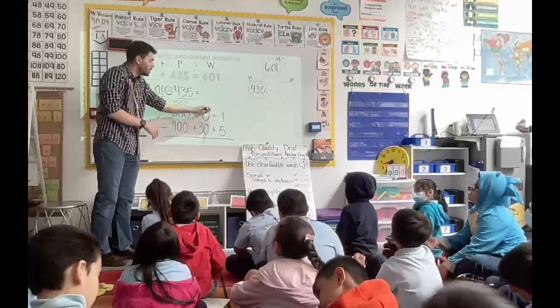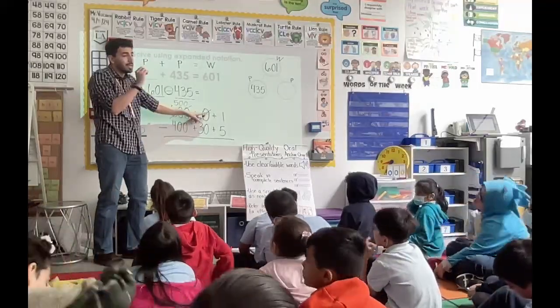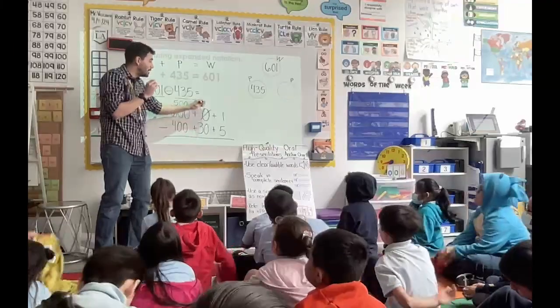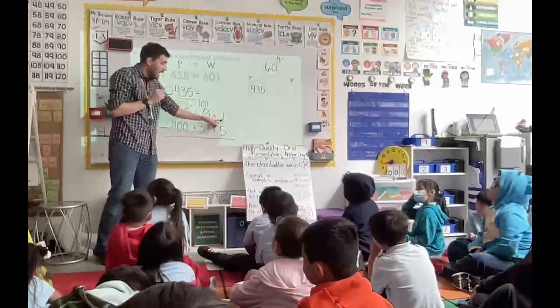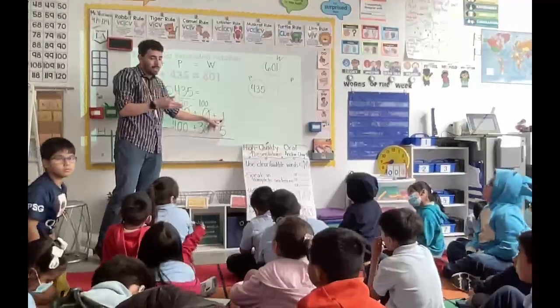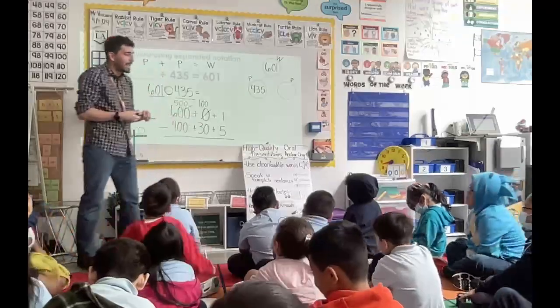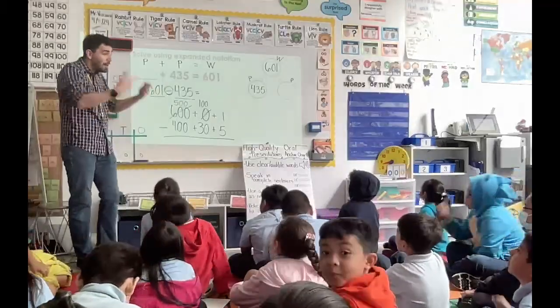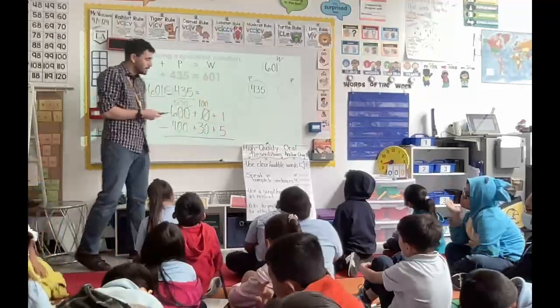So that 0, now it's no longer 0. It's 100. Now it's 100. All right. Did I get any ones left? Any ones yet? No. Not yet. I still just have 1 minus 5. I can't do that. So now can I take a 10 and move it next door to my ones?